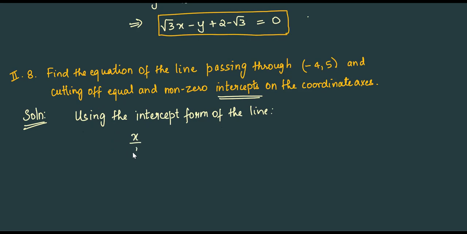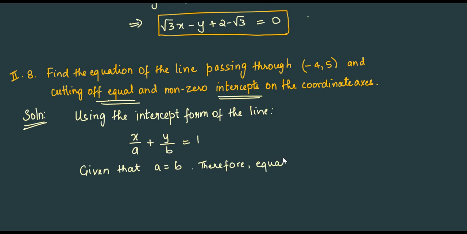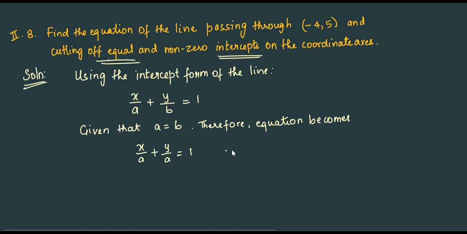Now what is given? It cuts off equal intercepts, so a is equal to b. Thus we can write the equation as x by a plus y by a is equal to 1, which implies x plus y is equal to a.